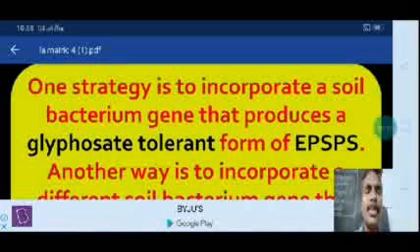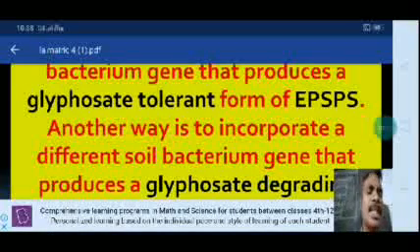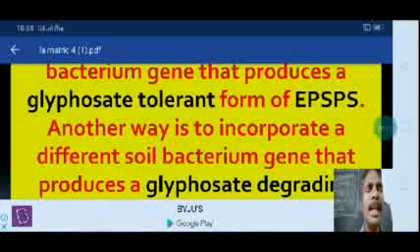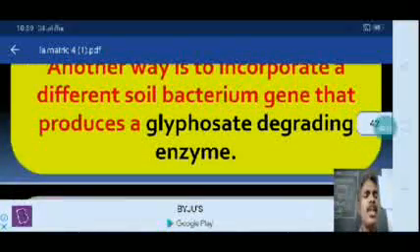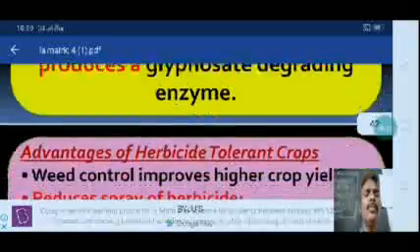Another way is to incorporate a gene from a different soil bacterium that produces a glyphosate degrading enzyme.